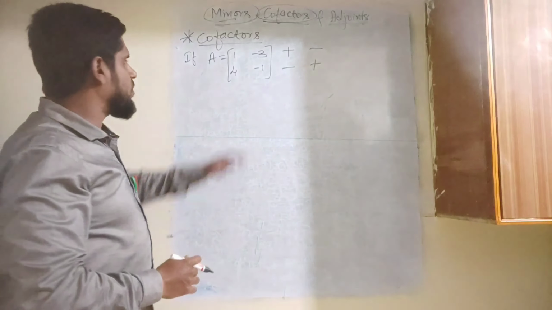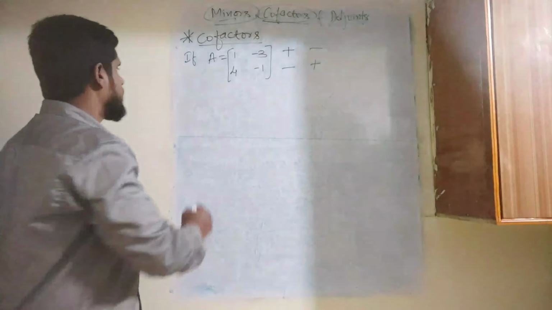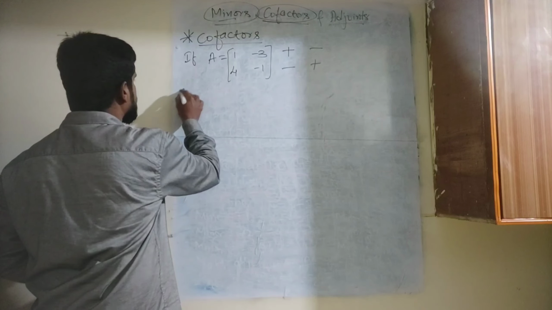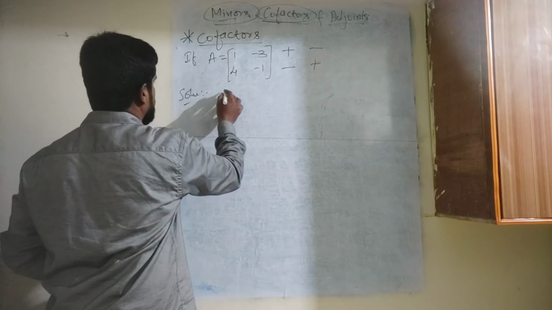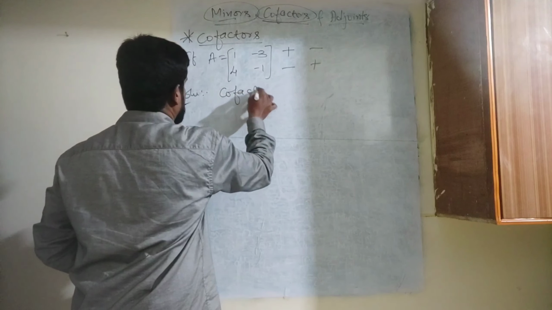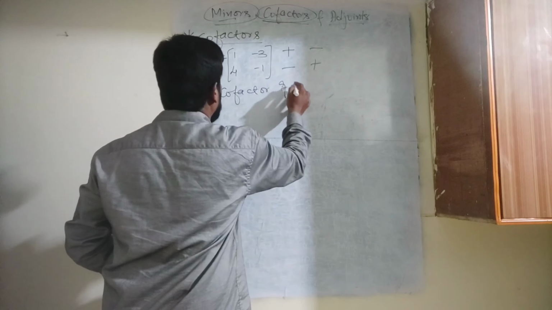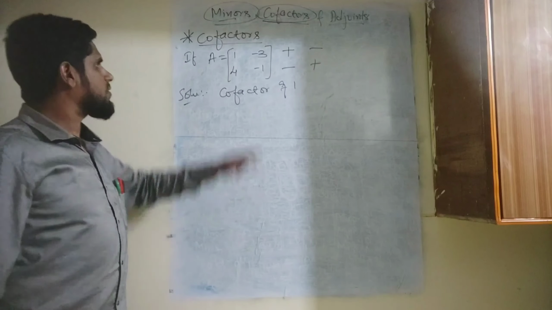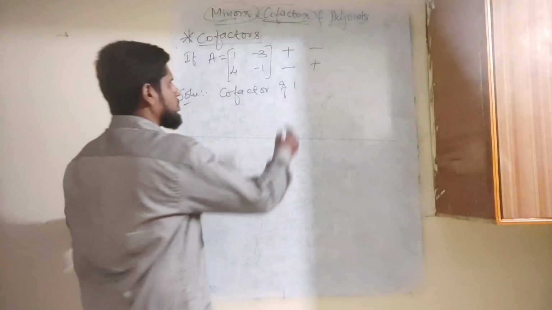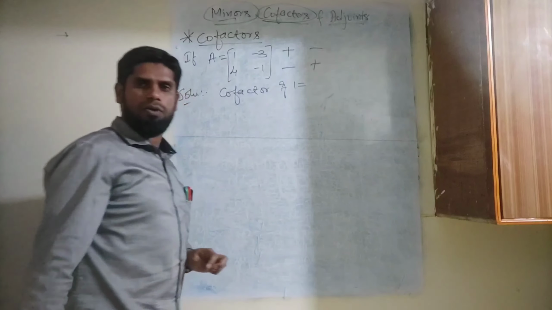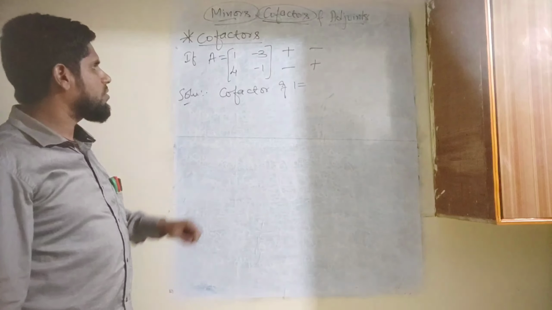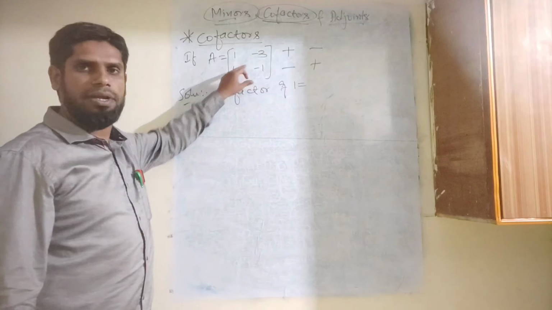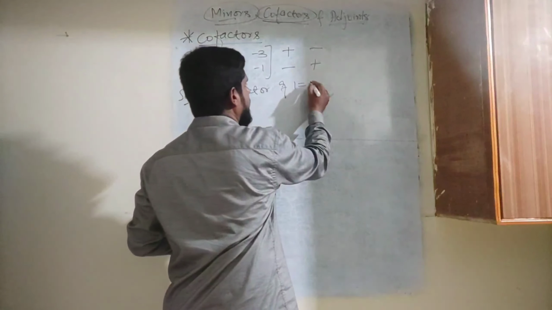Check the cofactors for these four elements, one by one. Cofactor of 1, that is the first element. Before I go to the minor of this element, let me write the hidden sign here.